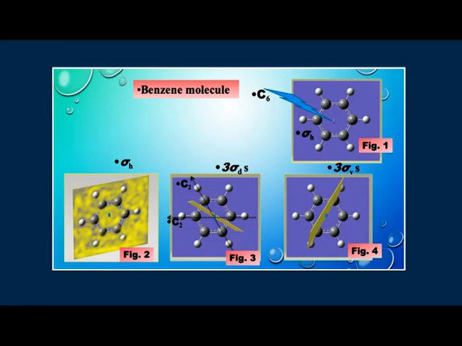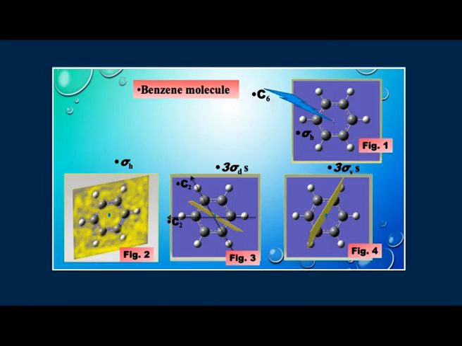Both sets of planes contain C6, that is the principal axis. The 3 planes in figure 3 bisect the opposite edges of the hexagon. They are dihedral symmetry planes. Now, you can see how the dihedral planes of symmetry bisect the angle between the adjacent C2s.